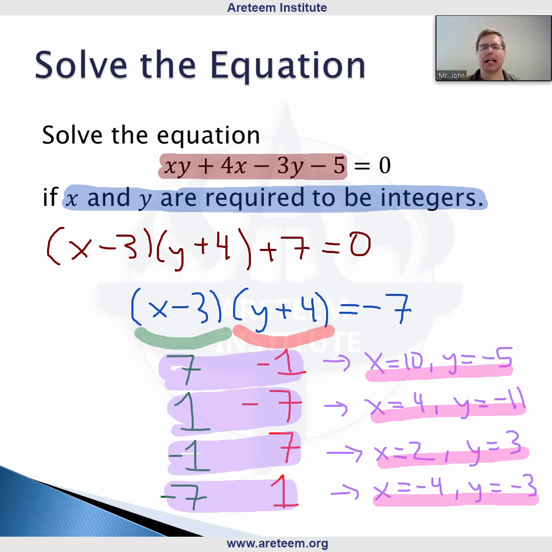So that is this idea of completing the rectangle, and typically this is mostly used for number theory questions where you want integer solutions. Remember, we had a previous video on Diophantine equations that was all about that. So that's where we can solve these with completing the rectangle as well.